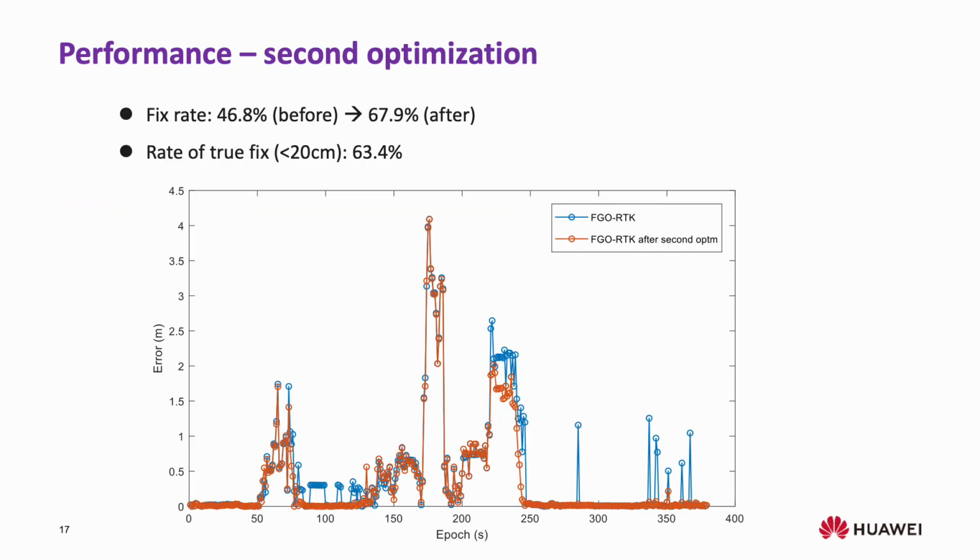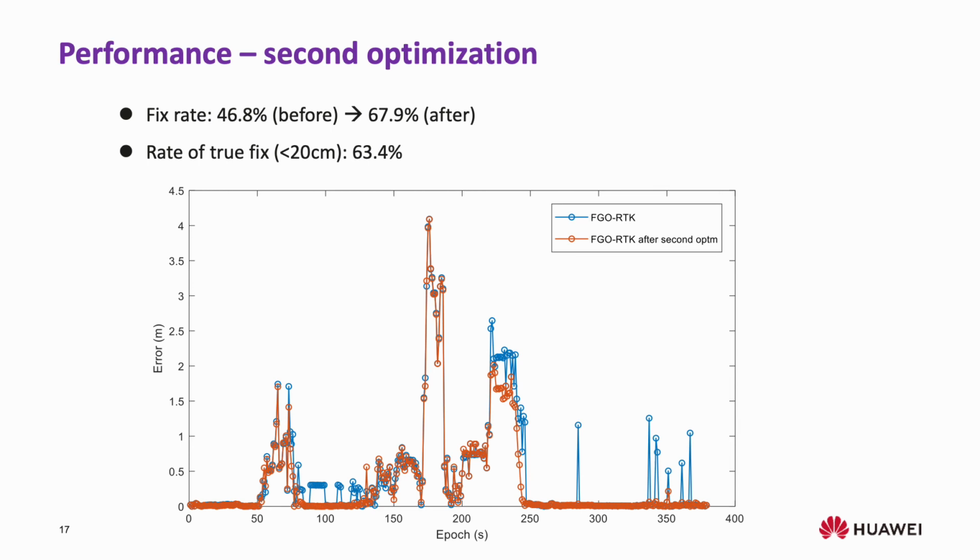But after the second optimization, the fixed rate has been improved to about 68%. The position error has also been plotted in the following figure. It can be seen from the figure that the errors after the second optimization have also been reduced compared with the FGO-RTK output.